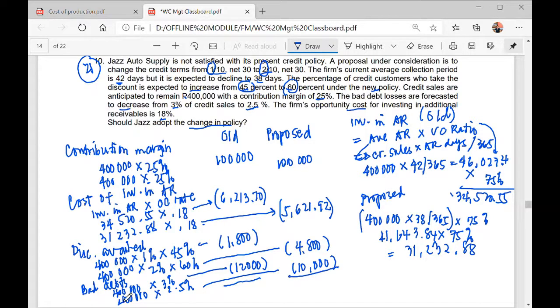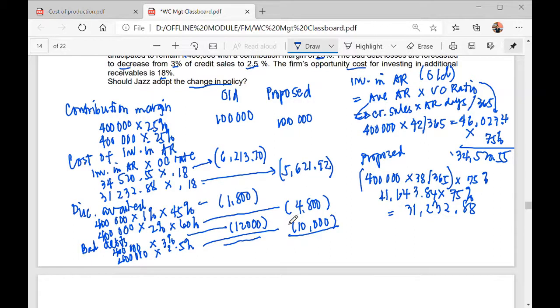So pila man ang mahimo niyang difference? So 100,000 minus 6,213.7 minus 1,800 minus 12,000, you will get 79,986.30.